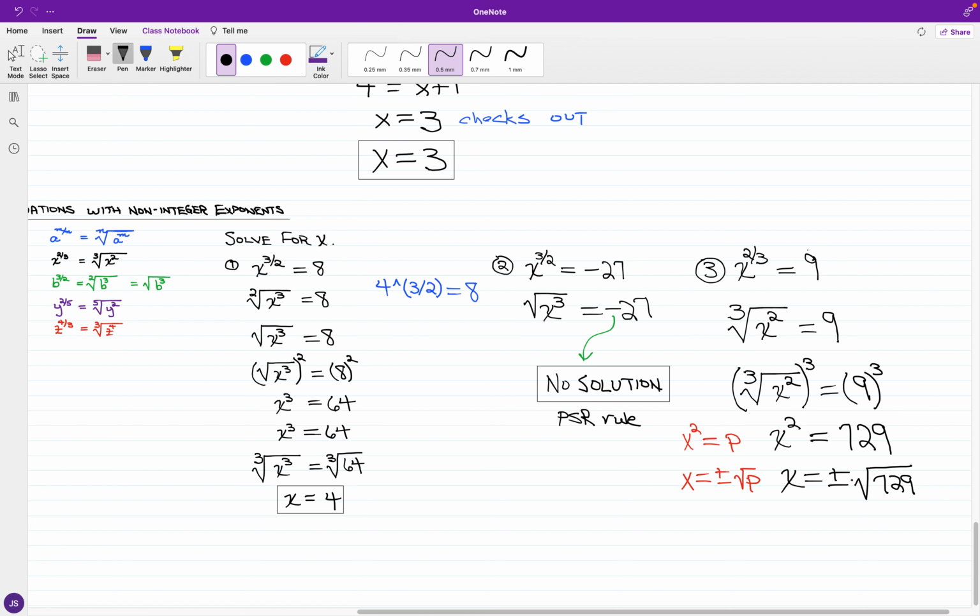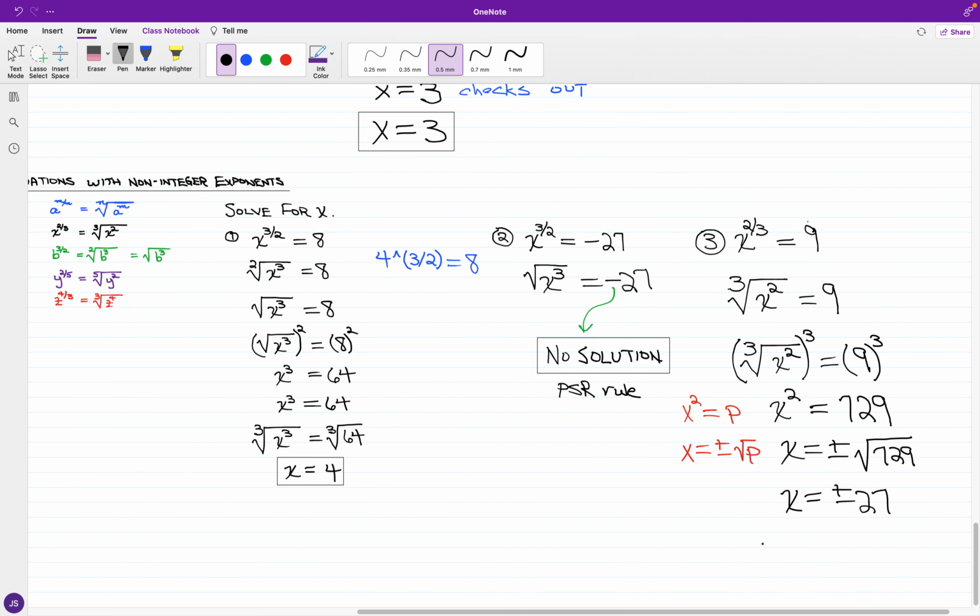And like 64, 729 is both a perfect cube and a perfect square. While the cubic root of 729 is 9, its square root is going to be a larger value, in this case 27. And it's going to turn out that for this equation, we'll have two solutions for x, and they will be additive inverses.